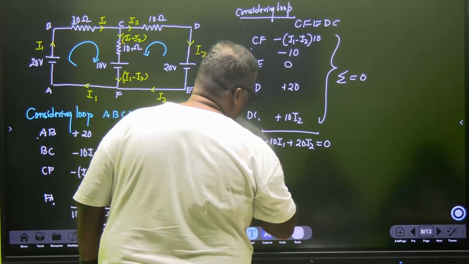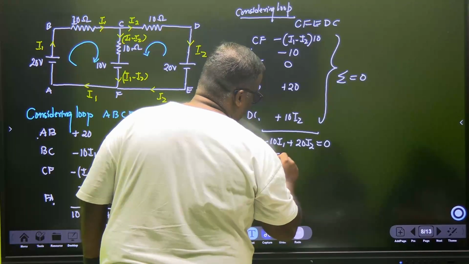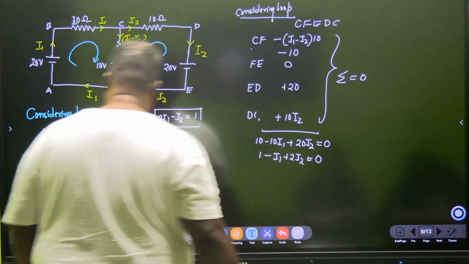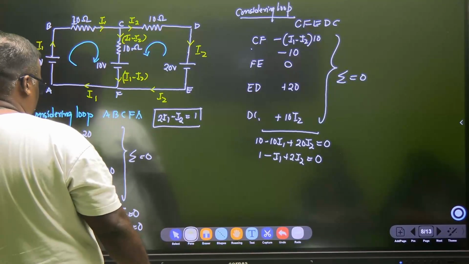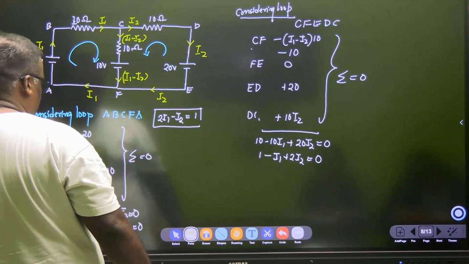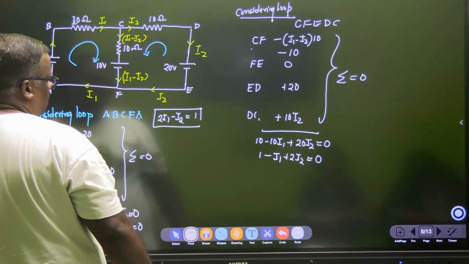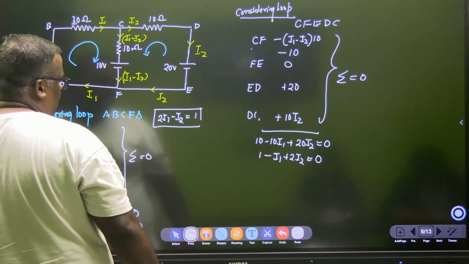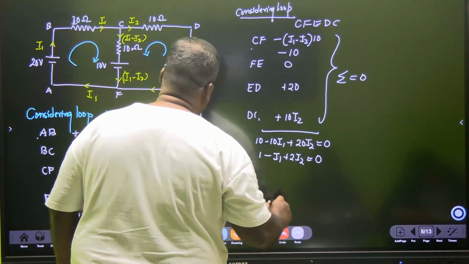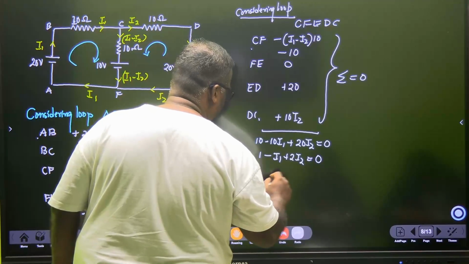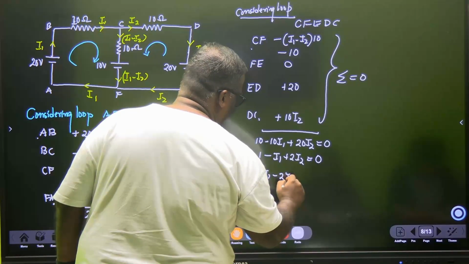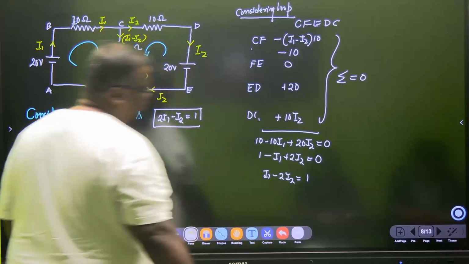So this gives me a 1 minus I1 plus 2 I2 is equal to 0. Right? So I have my equation in this term can be written as I1 minus 2 I2 is equal to 1.